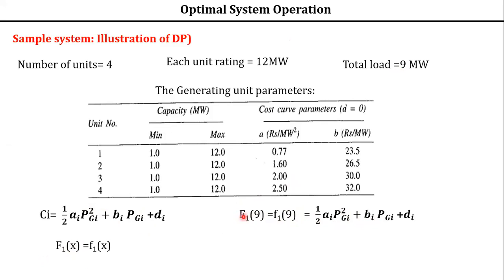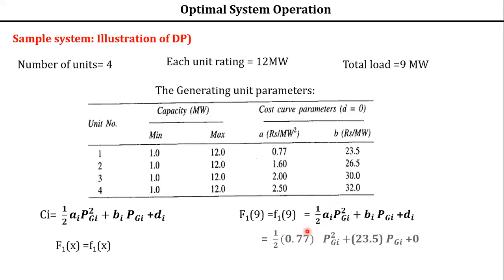This is for unit 1. For unit 1, what are the coefficients? The cost curve parameters A and B, and D is 0 for everything. Substitute it, and PGI is nothing but this generation, 9 megawatt, so you replace it.